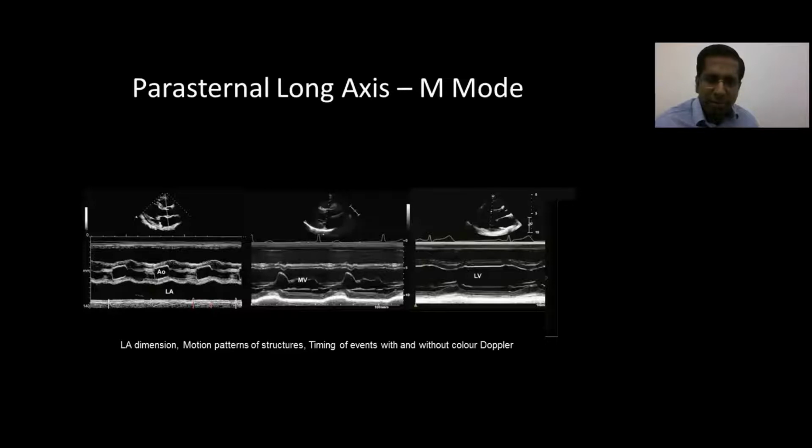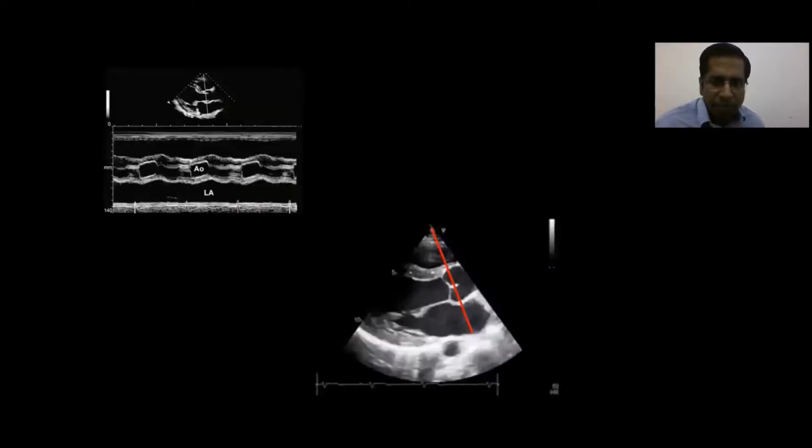Especially when we are trying to study dyssynchrony, or we are going to time an event, this becomes important. We can use it with tissue Doppler, we can use it with color Doppler, as in the case of mitral regurgitation, or the presence of SAM. All this information we can get from this particular M-mode analysis.